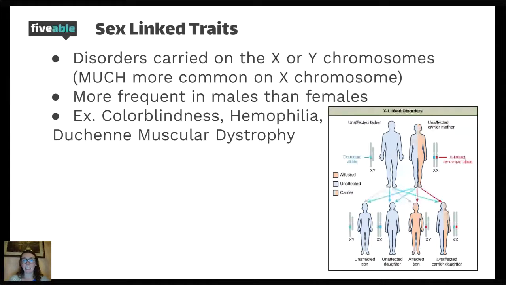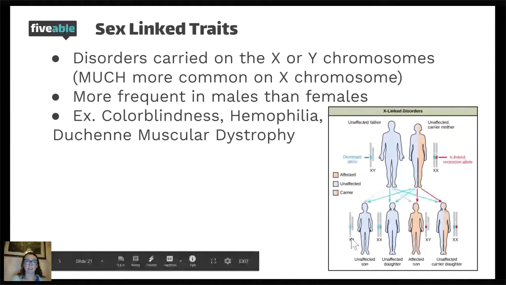So if something is carried on that X chromosome, we refer to it as sex-linked because it is a sex chromosome. So here's the deal with sex-linked traits. They are the disorders or the traits that they cause are much more frequent in males than females. So why is that? Because males only have one X chromosome.